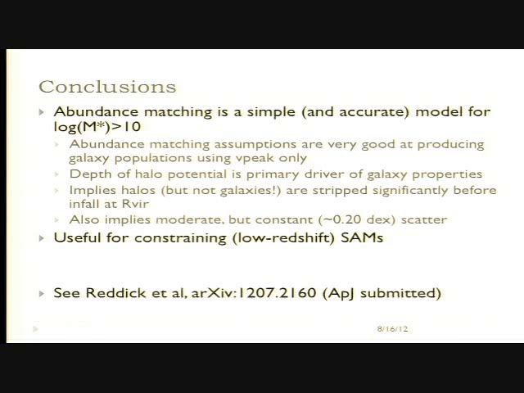It also implies, based on this mu cut, that the halos are stripped significantly before infall, but the galaxies are not until significantly afterwards. So we expect this will be helpful in the long run for such future research as helping to constrain, particularly, the low redshift semi-analytic models. And if you want more details, that's where you can find it.